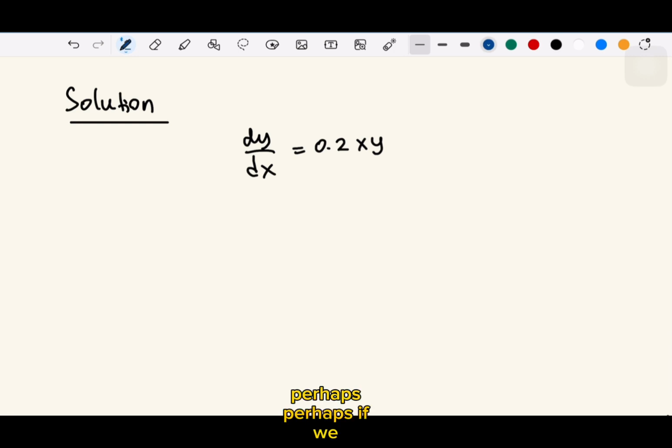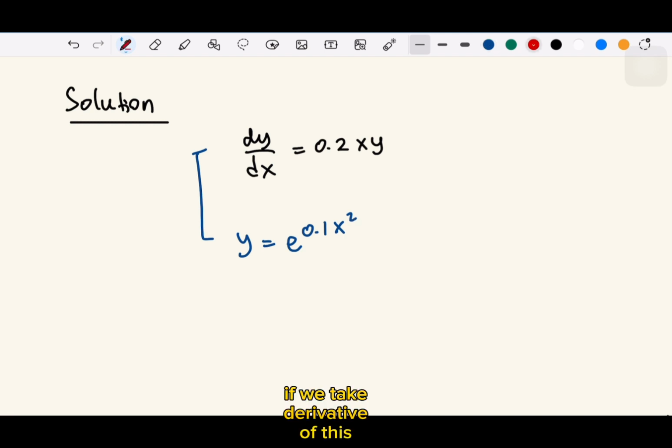Perhaps, I think that will be the techniques. Let me just give you this solution first, okay. So if we take y equal e to the 0.1 x squared, okay.